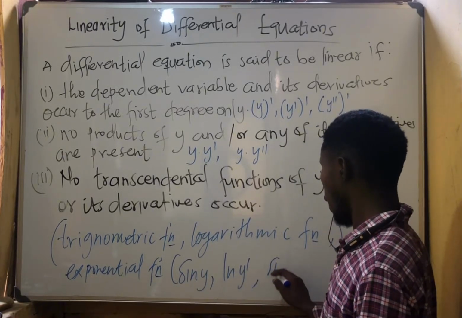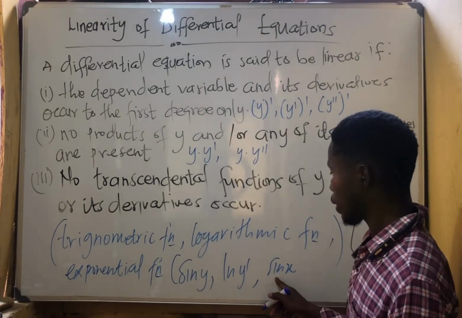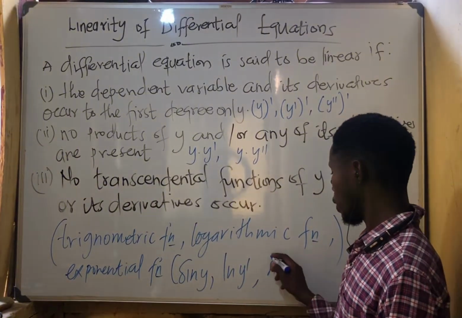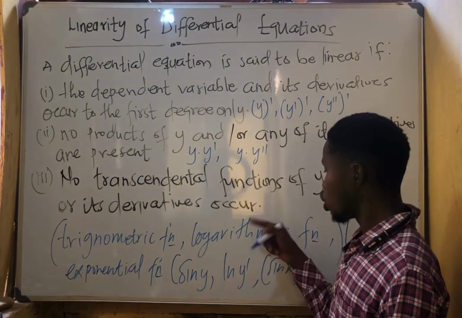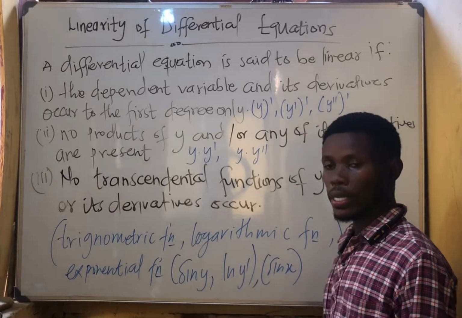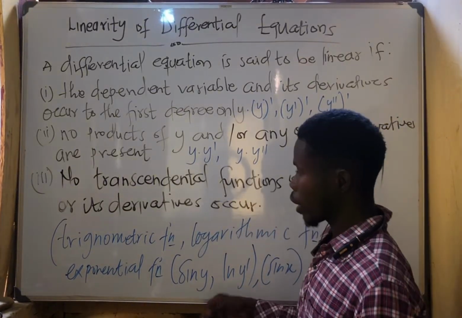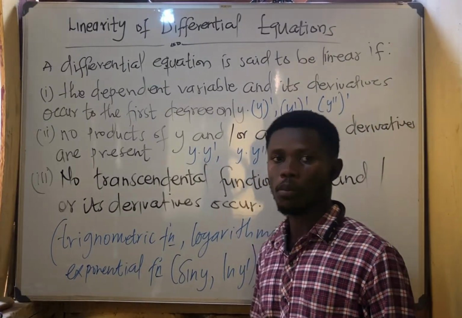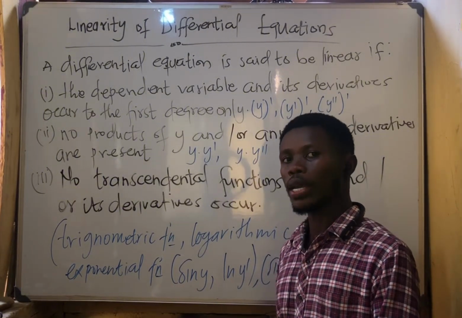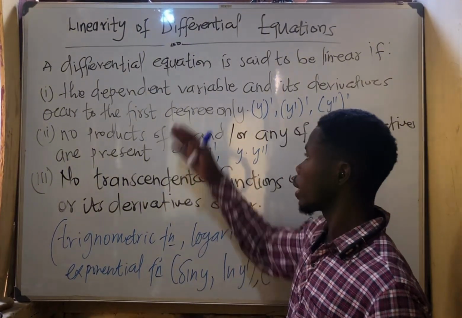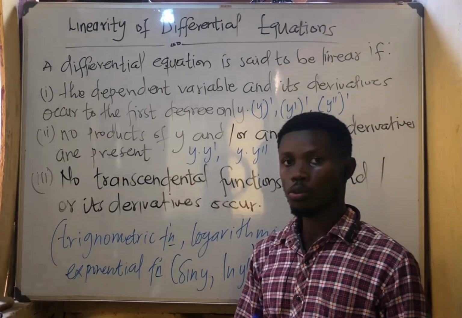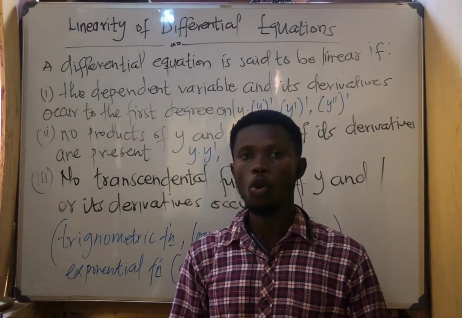But if I have sine x, this one is linear because this is not on the dependent, this is the independent. It should be on the dependent variable. Anytime the thing comes into the dependent variable, then that thing cannot be regarded as what? Linear. It becomes non-linear. So these are the 3 rules that we are going to follow to solve questions.